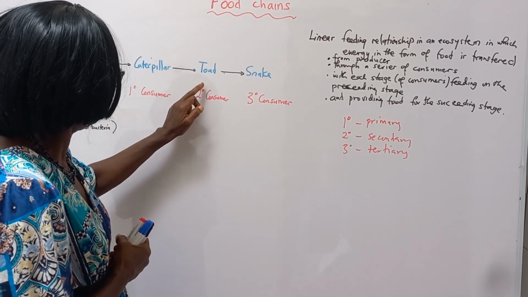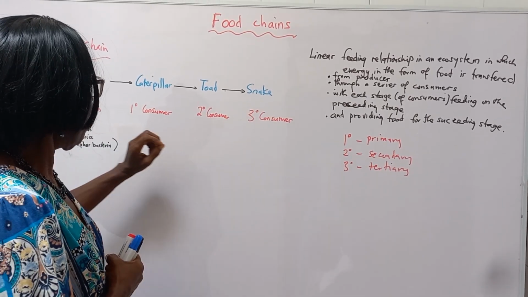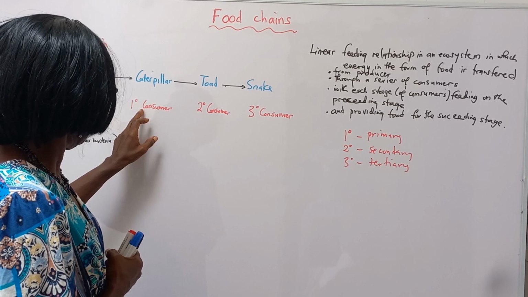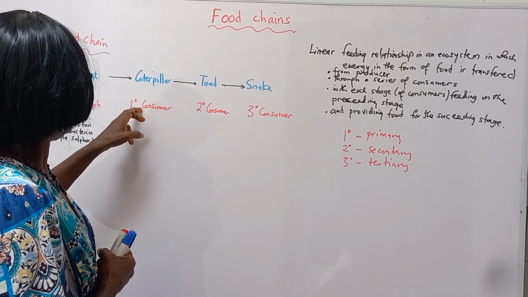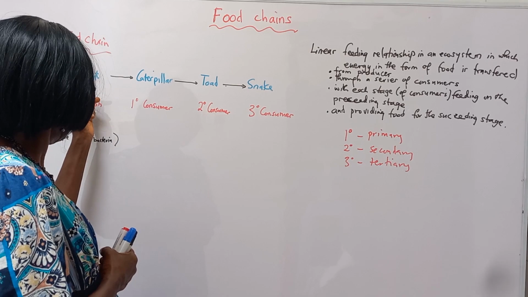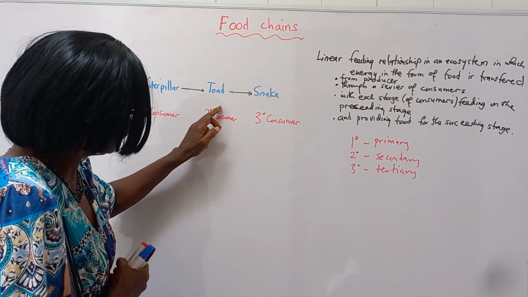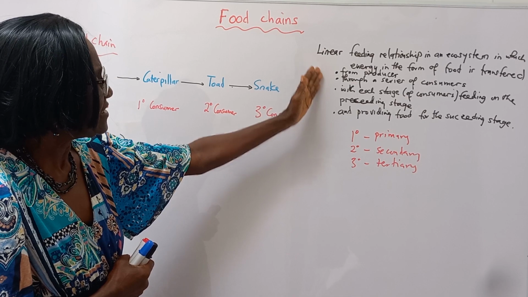With each stage, a consumer feeds on the preceding stage, and this consumer provides food for the succeeding stage. That is a food chain.